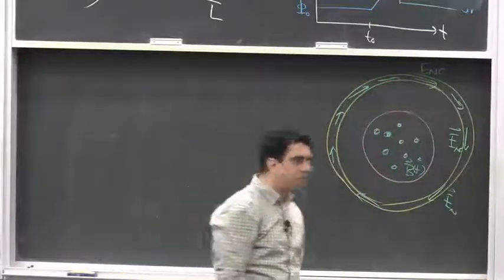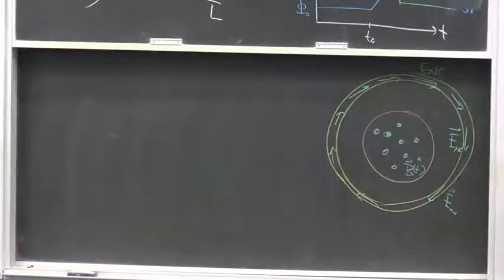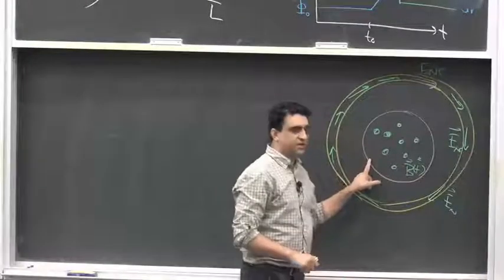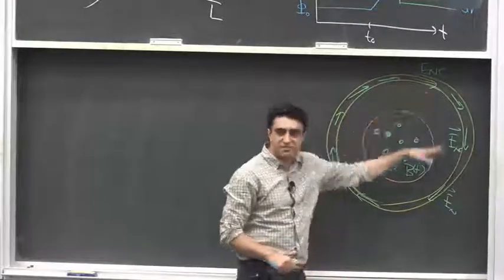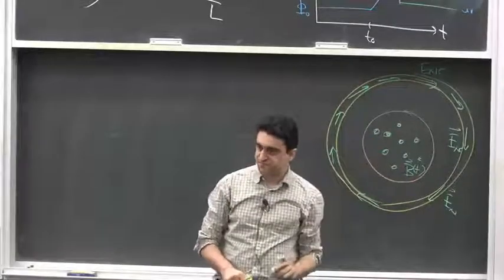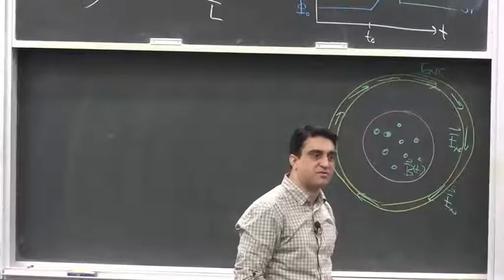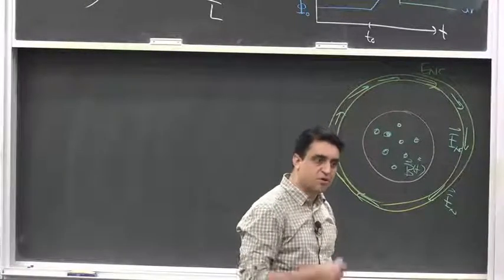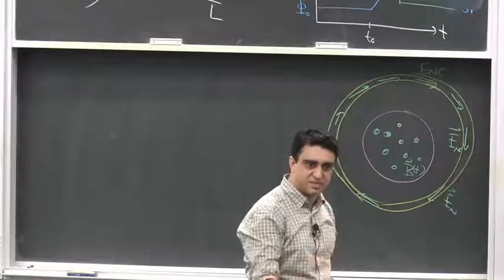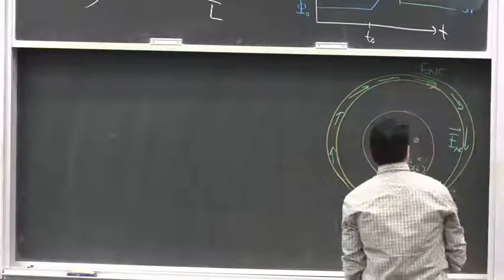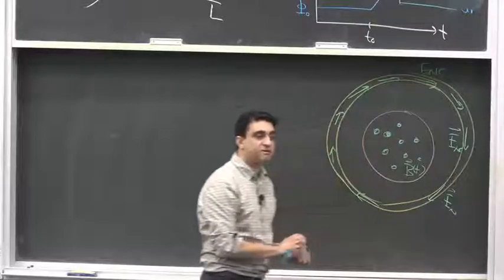So this field, if you have a conductor around this solenoid, the field would be established inside the conductor. It's a non-conservative field. And what would that non-conservative field do? It would produce a current because there is a field inside a metal. And whenever you have a field inside a metal, you do have a current.